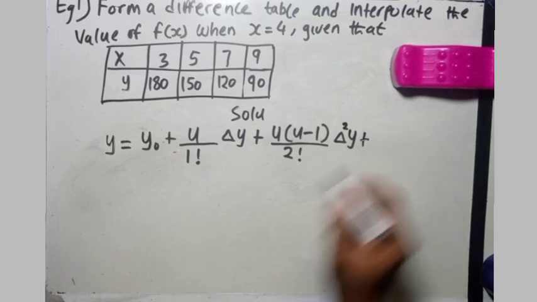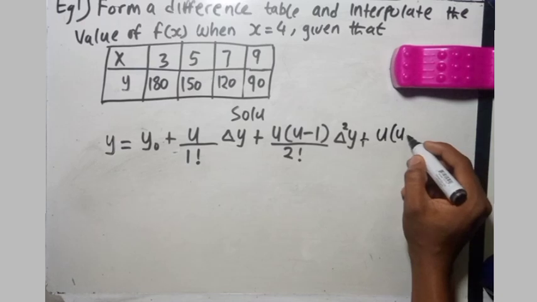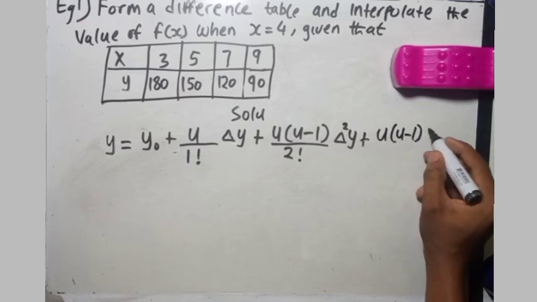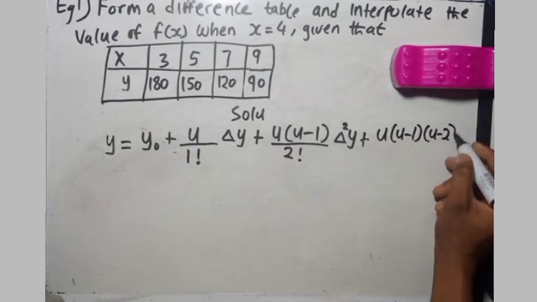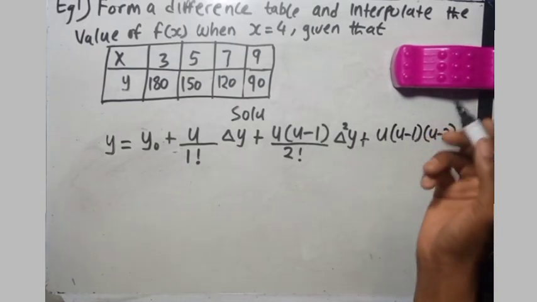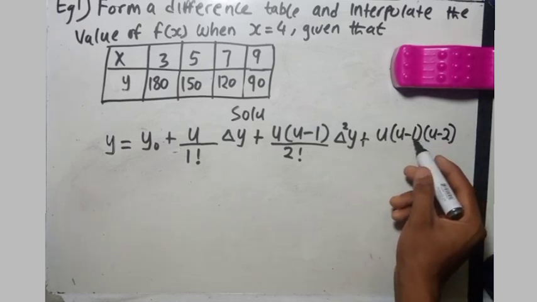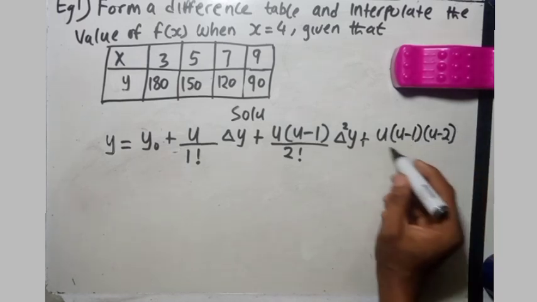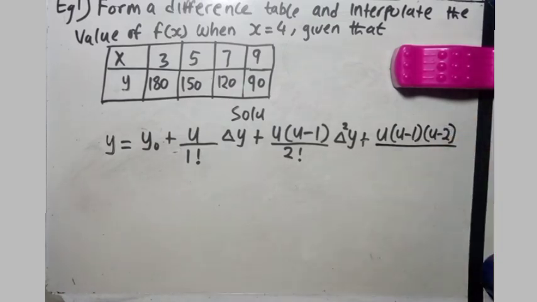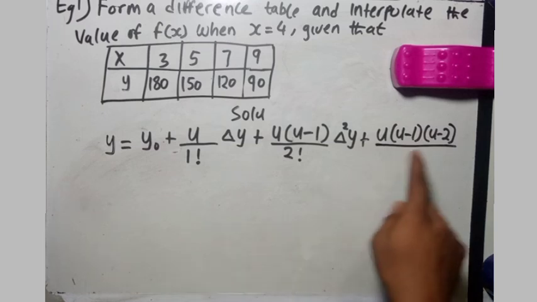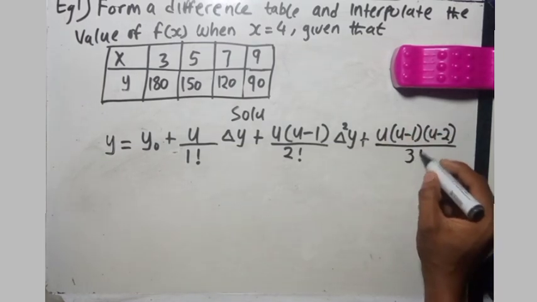And again, the order it follows is that you keep on multiplying by u minus something, so the value is increasing. Here we are subtracting from u minus 0, next one u minus 1, u minus 2. As the number of u factors increases, our factorial keeps on increasing.